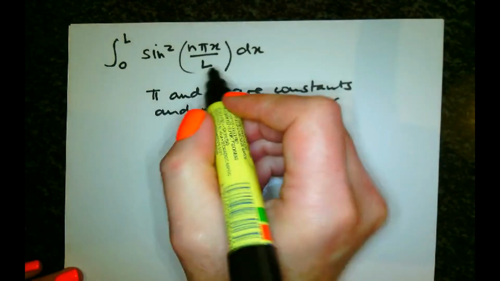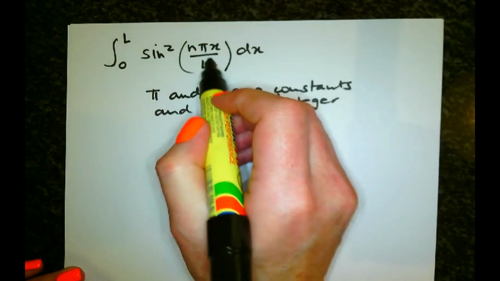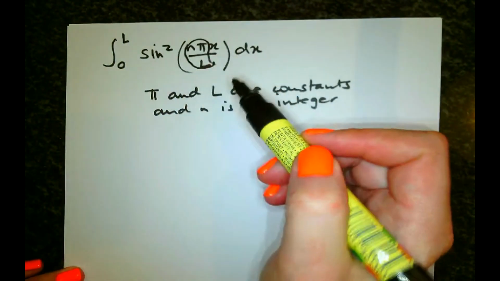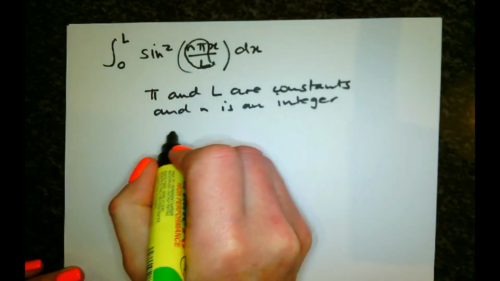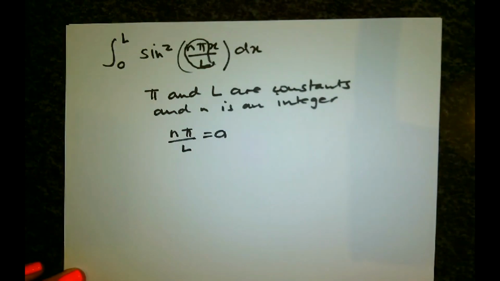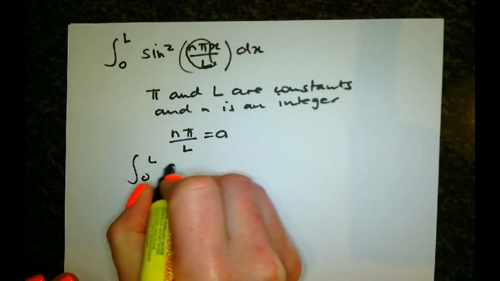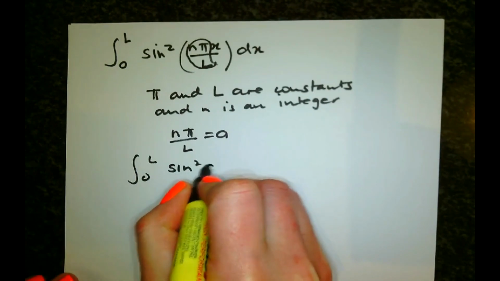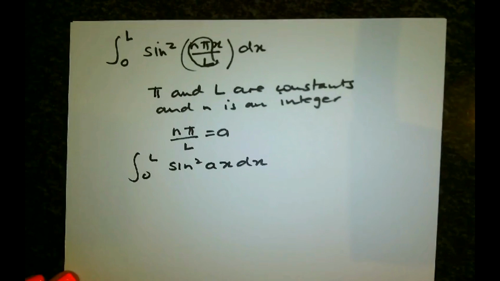So if n is an integer and pi and L are constants, then n pi over L is a constant. So we can say n pi over L, let's make that a constant a. So effectively our integral becomes this, sine squared of a times x dx.